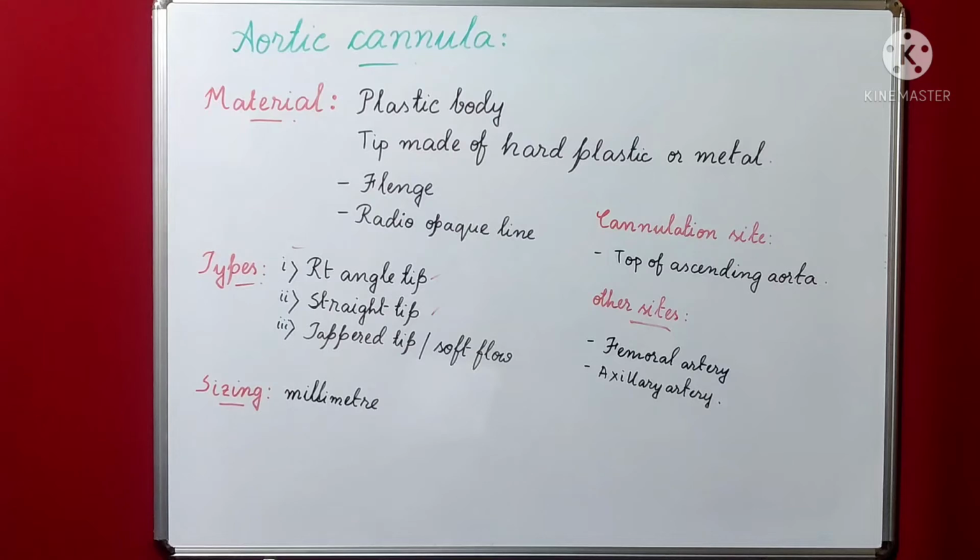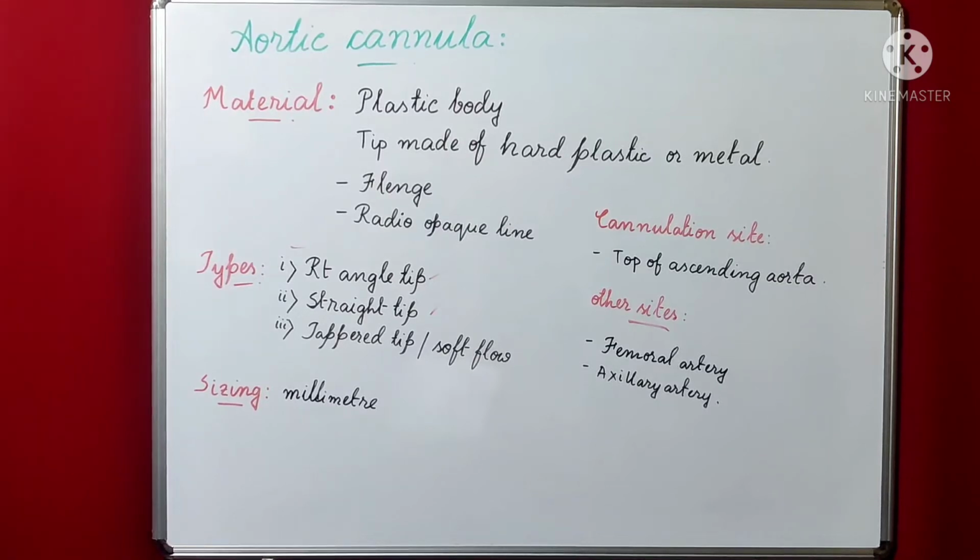Why to the left of the anterior surface? Because it gives an added precaution against the cannula tip entering the brachiocephalic artery. So to avoid accidental cannulation of the brachiocephalic artery, the cannulation site is a little bit left on the anterior surface of the aorta.